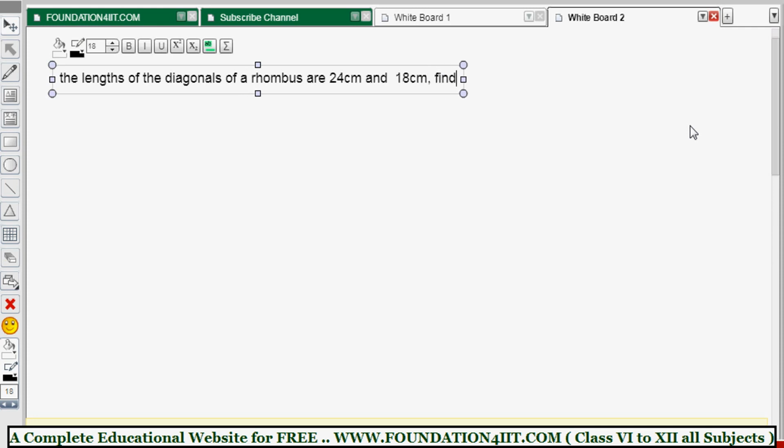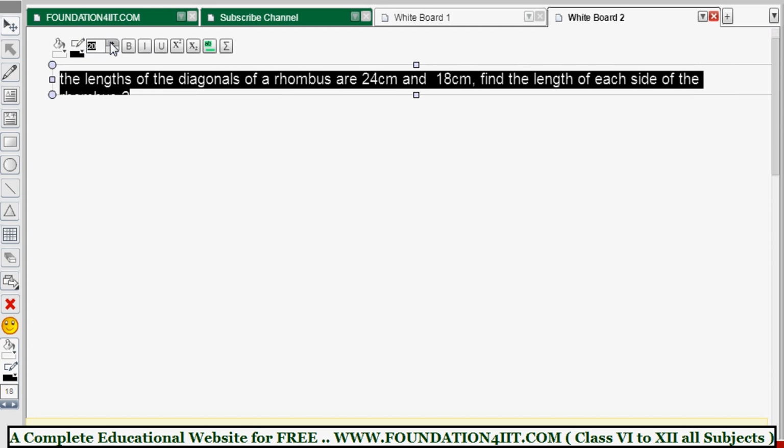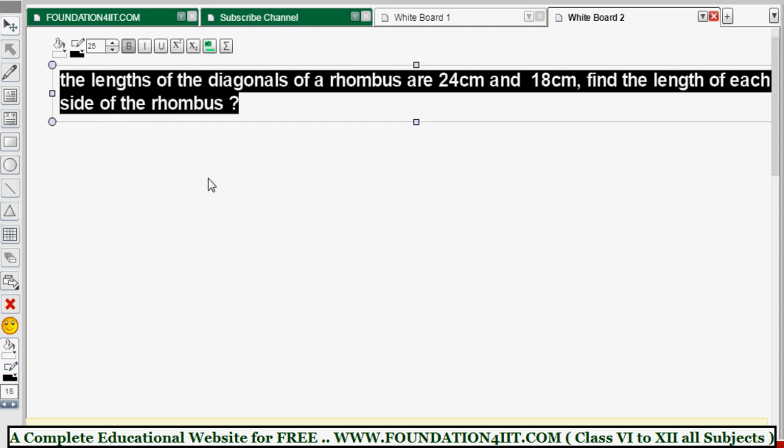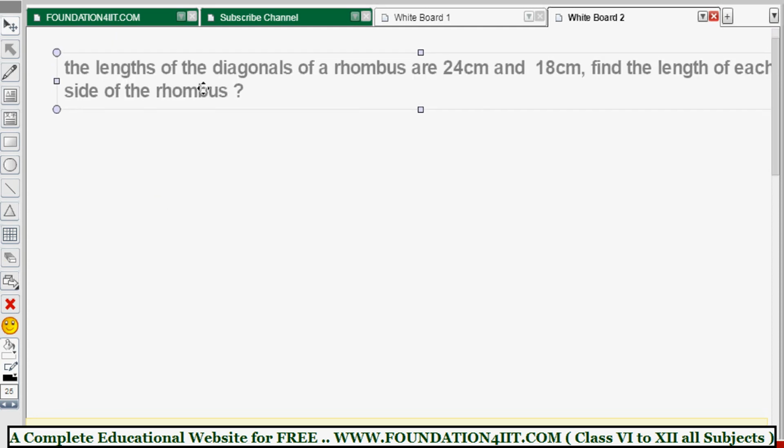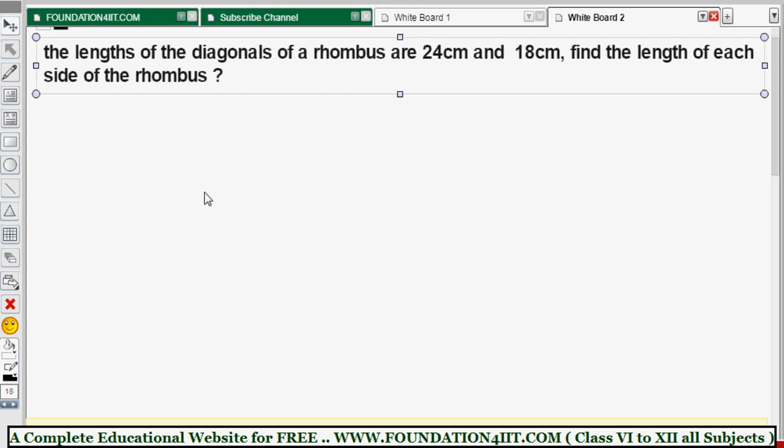Then we need to find the length of each side of the rhombus. Okay, so this is the given question.